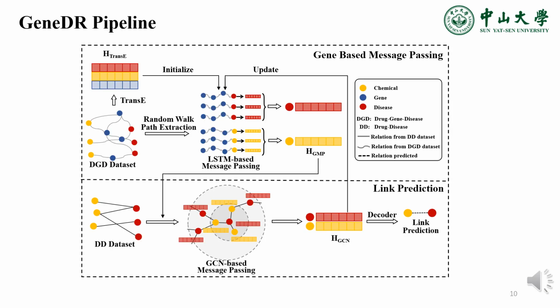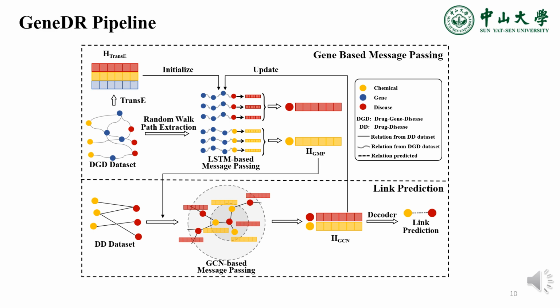Here is the pipeline of our framework, GeneDR. We input the DGD dataset to TransE to integrate the global information for every node, and the output of TransE is the initial node embedding in our framework. The gene path for each drug and disease is also extracted from the DGD dataset by random walk.